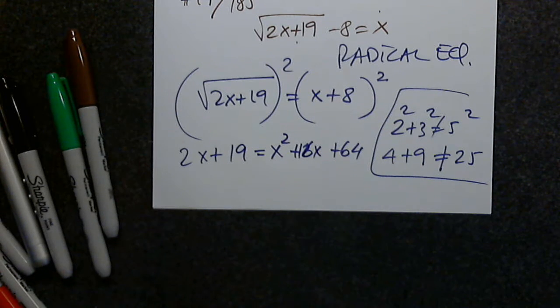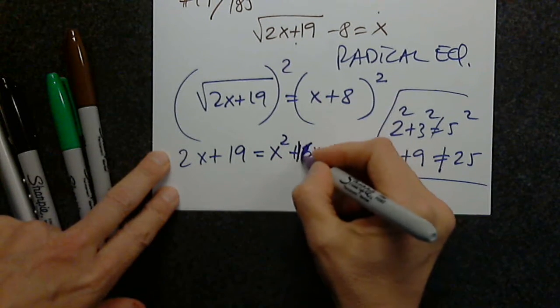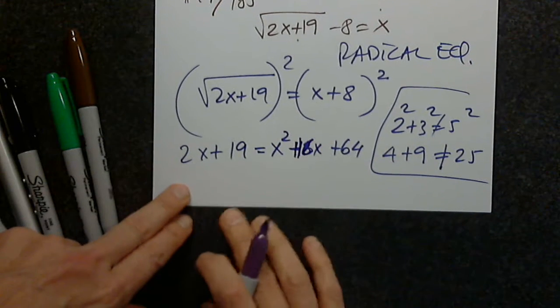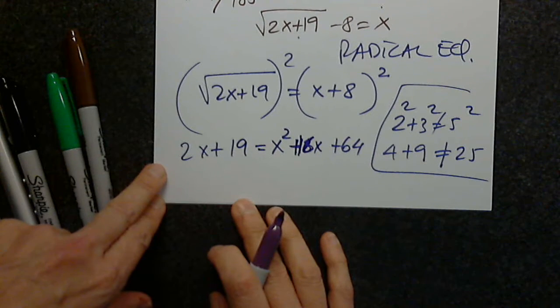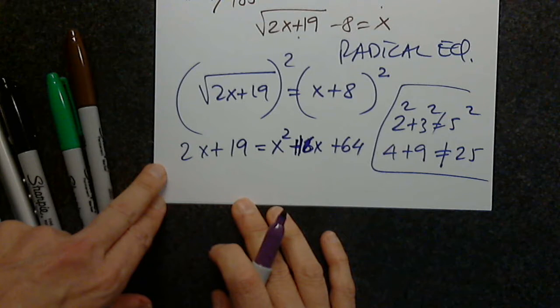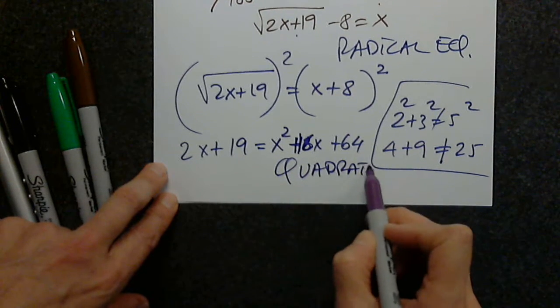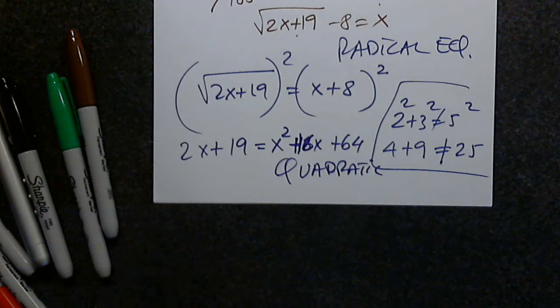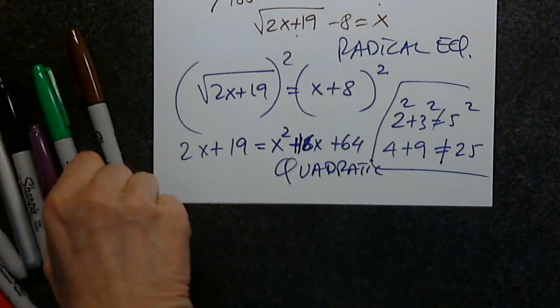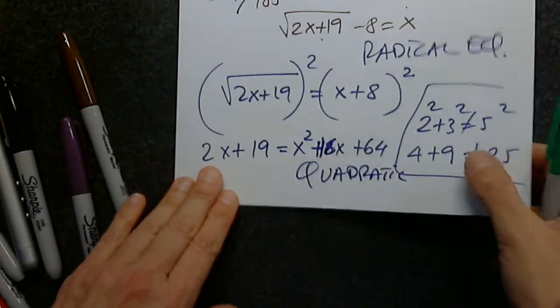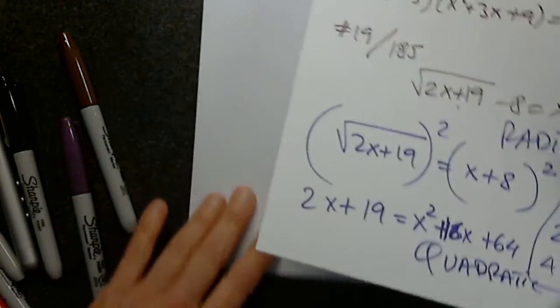Good. So now, what type of equation is this? Quadratic. Good. How do we solve a quadratic equation? What do we need to do? Quadratic formula. No, not yet. It's not ready. It's not cleaned up yet.